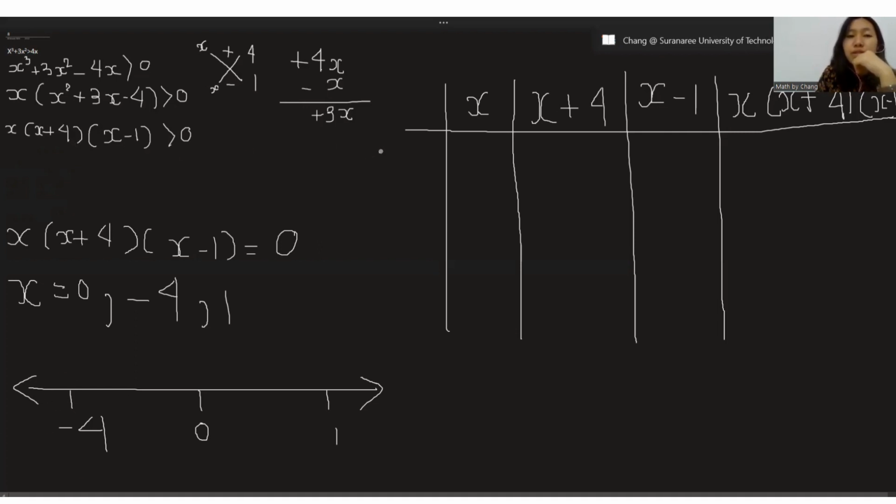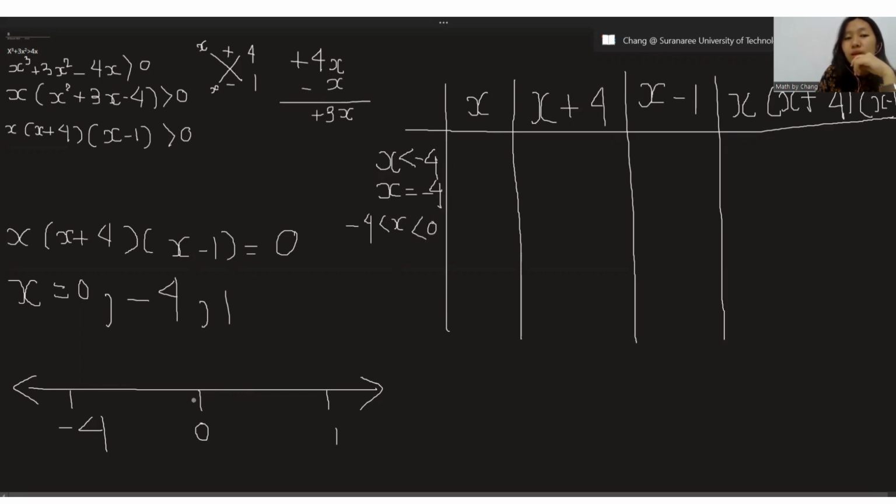Let's consider the intervals. When x is less than minus 4, what will you get? When x equals minus 4, you put minus 4 and you will get 0. Anyway, let's put it so that you will clearly see. Minus 4, and between minus 4 and 0, minus 4 less than x less than 0.